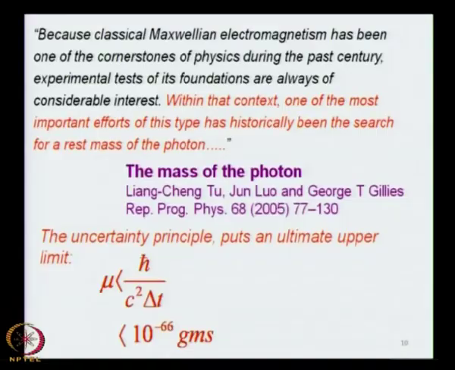So, just to suggest a slight departure from this, I took the case of the Yukawa potential, and what we find is that if you consider this kind of a departure, then the question of the accuracy of the 1 over distance squared law boils down to the accuracy with which the mass of the photon is known. Yes, you have a question.